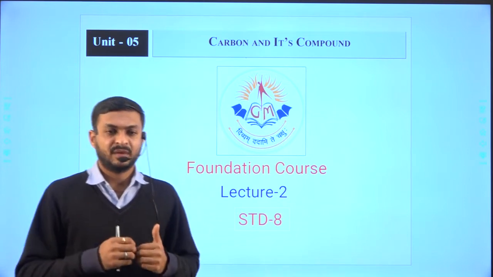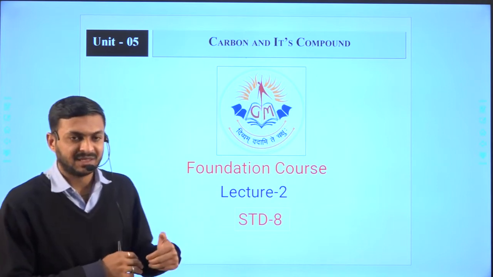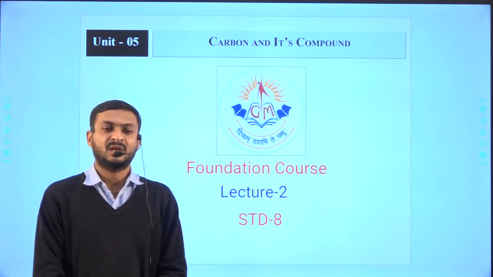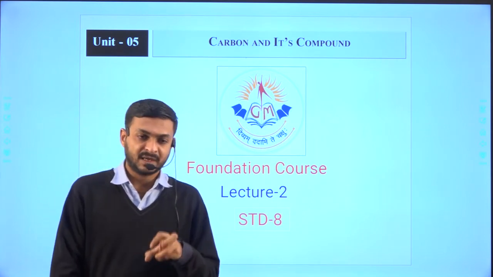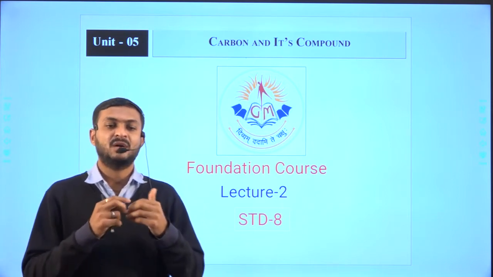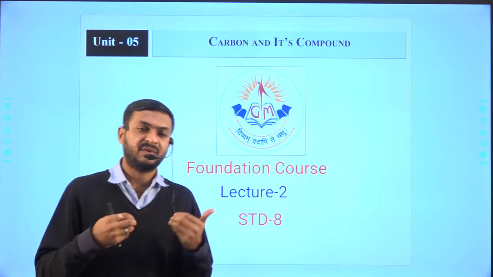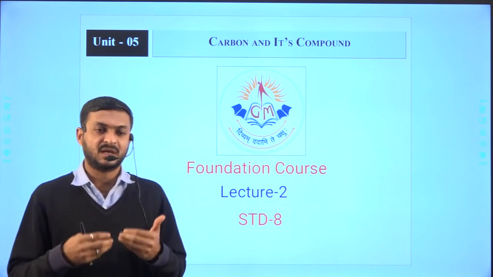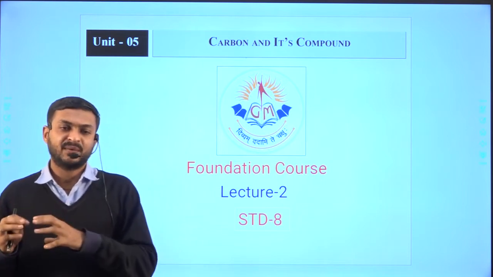So what is the difference between what we learned in this lecture and in our previous lecture about carbon and its compounds? Right now we are discussing only the carbon atom. Based on structure, carbon has different forms: diamond, graphite and fullerene.